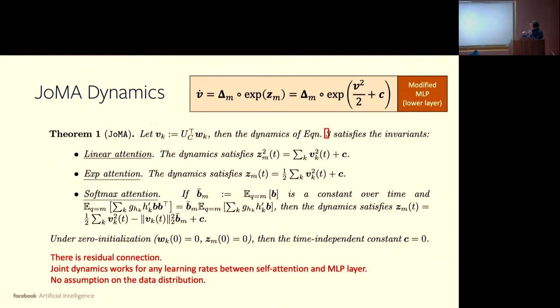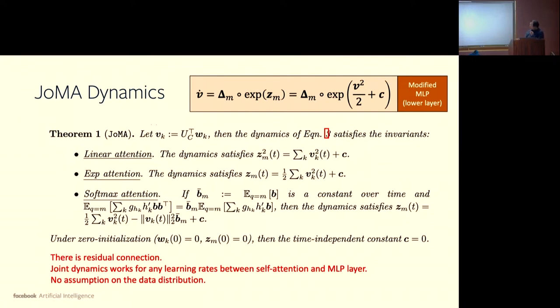Given these assumptions, we will see there's a joint dynamics between the lower layer of the MLP and also the self-attention layers. You can actually compute the self-attention from the magnitude of the lower layer weights.